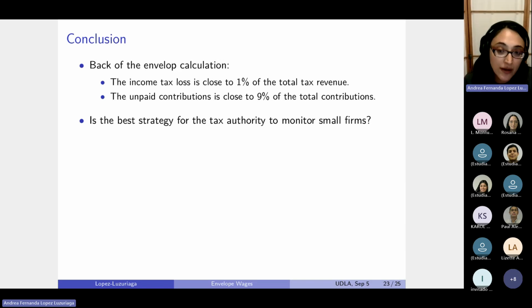So if you start going after small firms, that may create some resistance, and you may lose some tax collection because people are less willing to pay taxes, given that you are trying to collect from the small firm rather than from the large firm. And the other thing is that monitoring is expensive. Here the return is $100 million, but over many taxpayers, and there is a fixed cost for each taxpayer to be monitored. So this may not be a good idea.